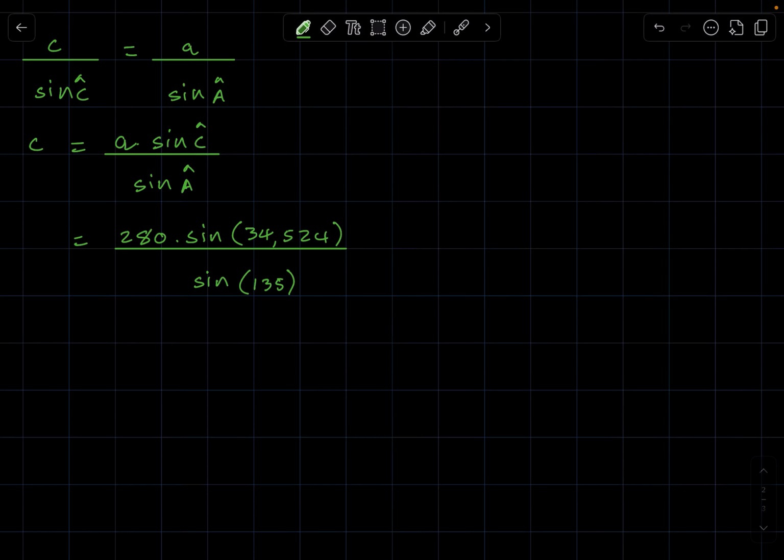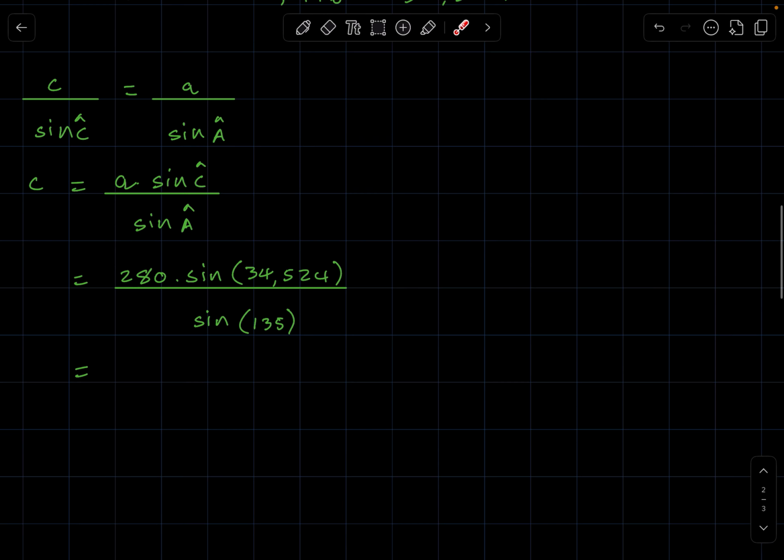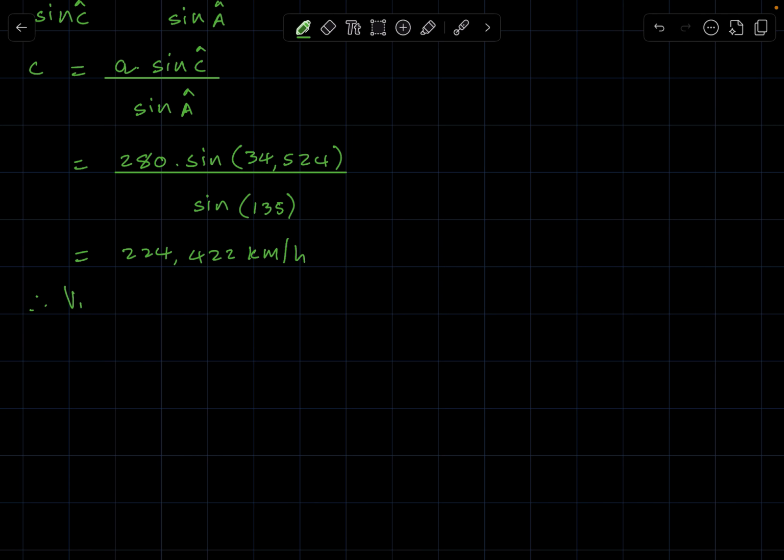Punching this in your calculators, remember that this is side C, and side C represents VR, or the magnitude of VR. So this will be in kilometers per hour. You should have gotten 224,422 kilometers per hour. Remember that this represents VR.